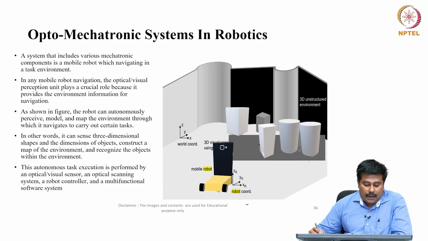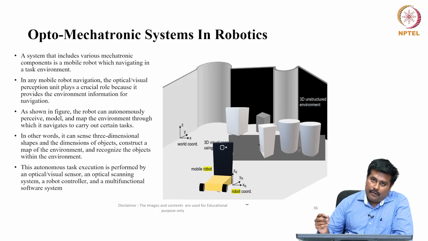In other words, it can sense a three-dimensional shape and the dimension of the object, construct a map of the environment, and recognize objects within the environment. This autonomous task execution is performed by an optical visual sensor and optical scanning system, a robot controller and a multifunctional software system.